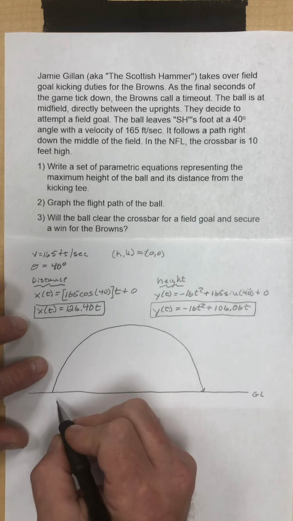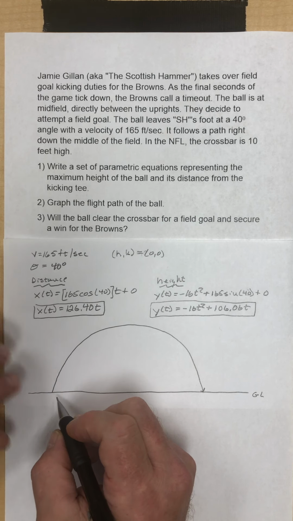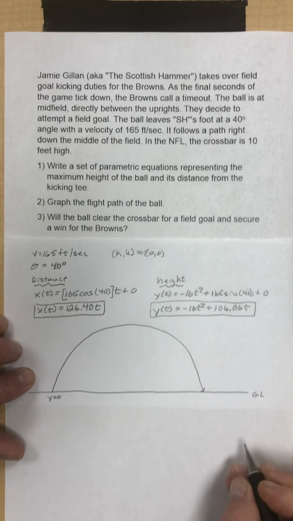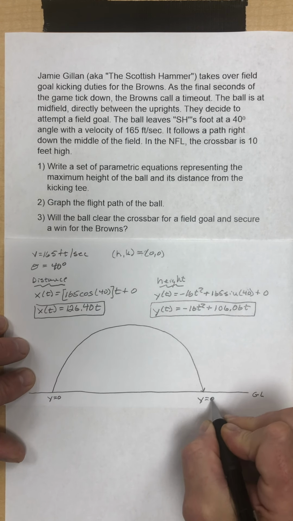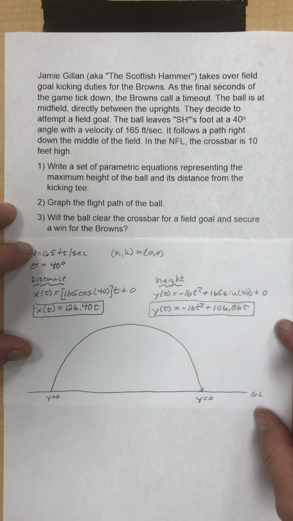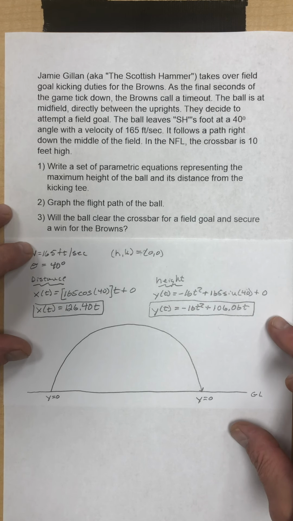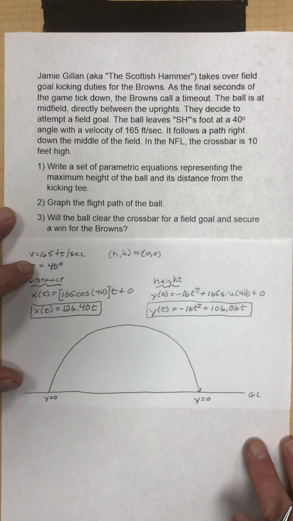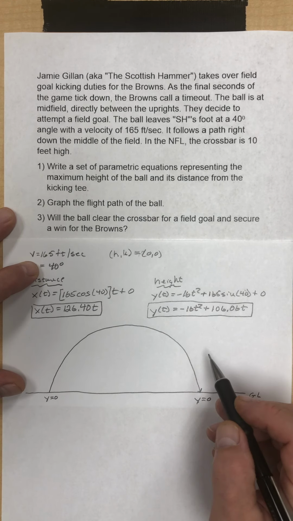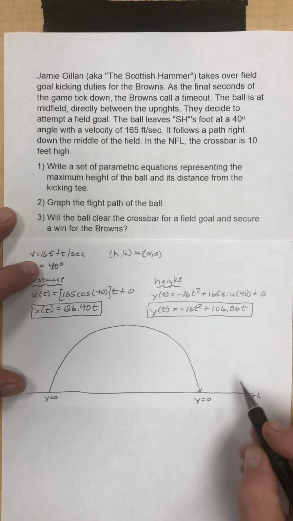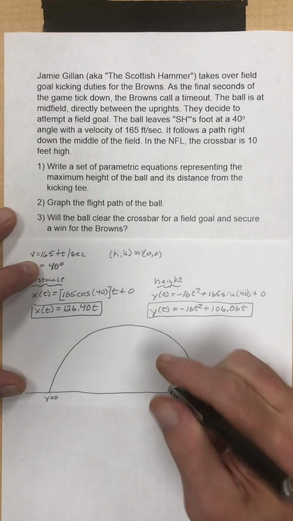Since we kicked from the ground, this would be height equals 0, and this would be height equals 0. So we have two x-intercepts, obviously. I don't know whether or not he's going to make this field goal. If the goalposts are in here somewhere, he might make it. But if the goalposts are out here, obviously it falls short.